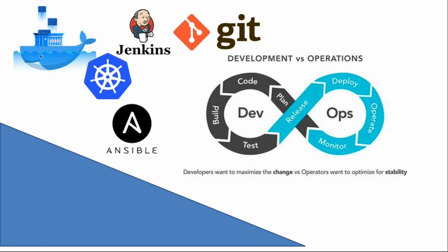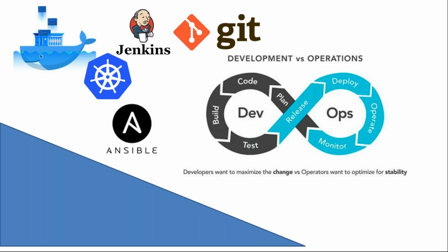Developers develop, and operations are taken care of by the operators. Developers always want maximum changes, whereas operators, the administrators as they were called earlier, always want stable versions on production.